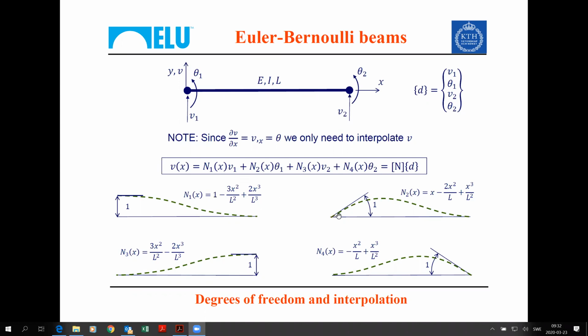We will repeat this procedure for N2, which involves theta 1, for N3, which involves v2, and for N4, which involves theta 2. And for each of these shape functions, we will determine the constants in the 3rd order polynomial that we use as a general expression for the interpolation functions.